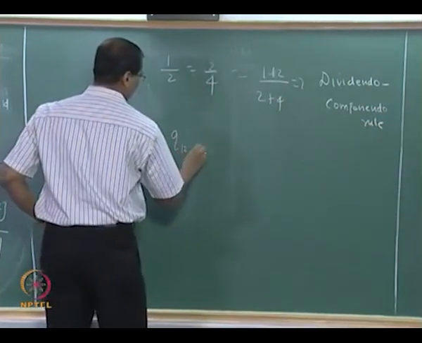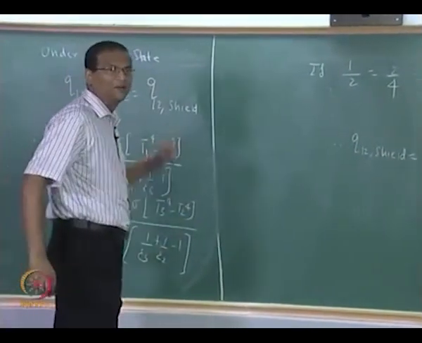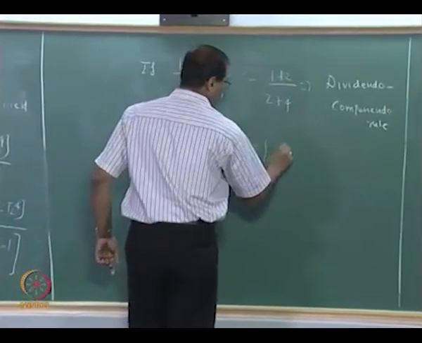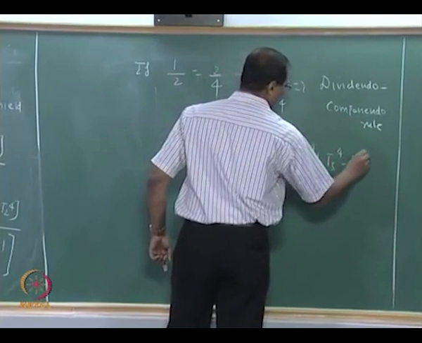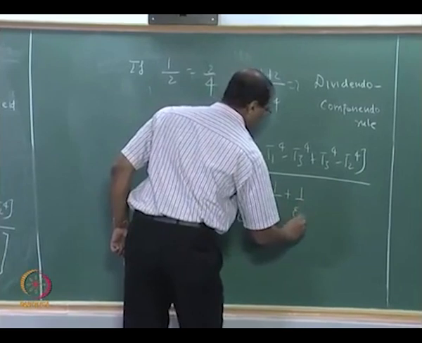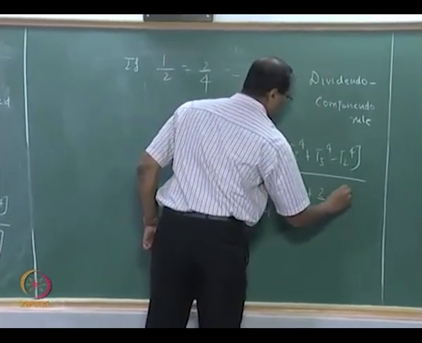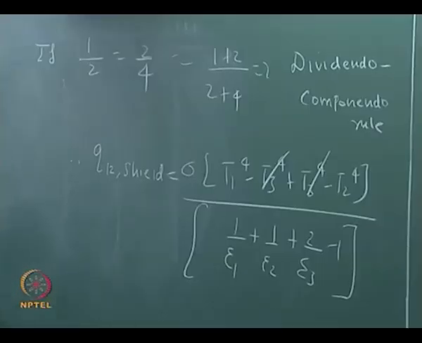Therefore, it is also equal to the sum of the numerators and denominators separately, correct? Yeah, you can get the same result with a lot of labor if you were not to use the dividend component rule. Still it is possible. You can substitute for T3 from here, you will cross multiply, you can do all that.